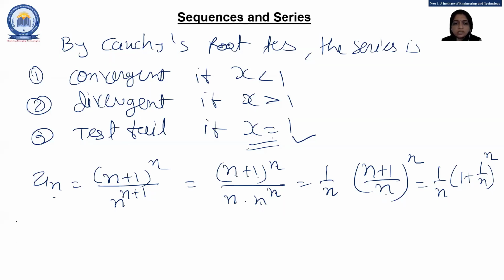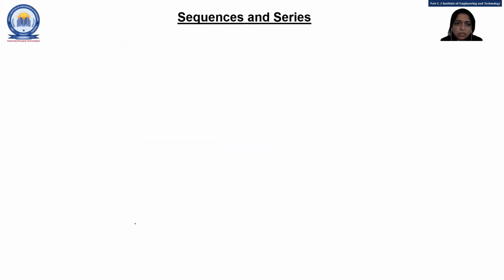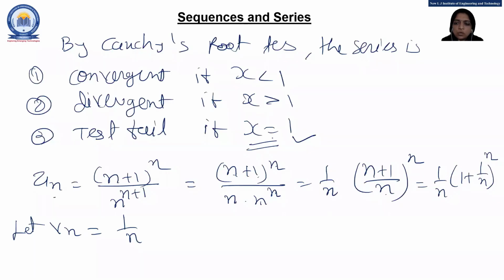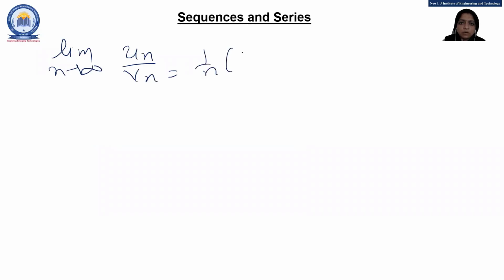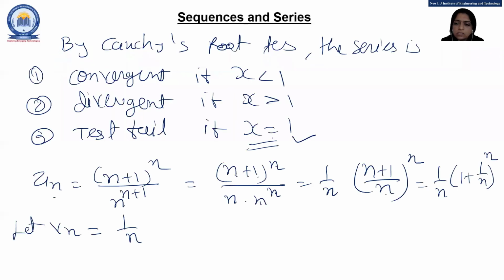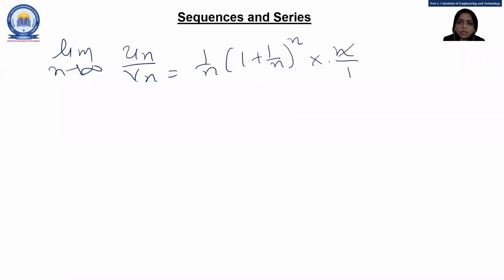For the comparison test, I am taking Vn, that is just 1 by n. You all know we have done many examples of the comparison test. Now I am going to apply limit n tends to infinity on un upon Vn. My un is 1 upon n, (1 plus 1 by n) raised to n, into n, so both n will be cancelled.